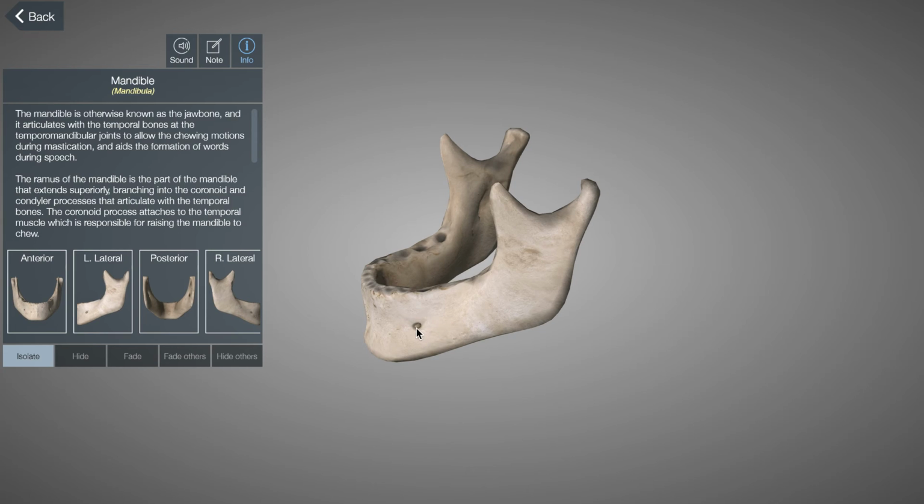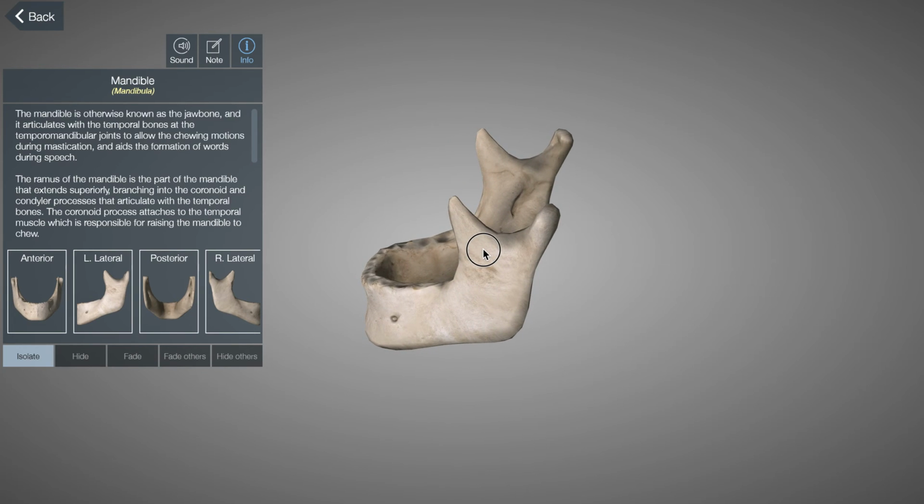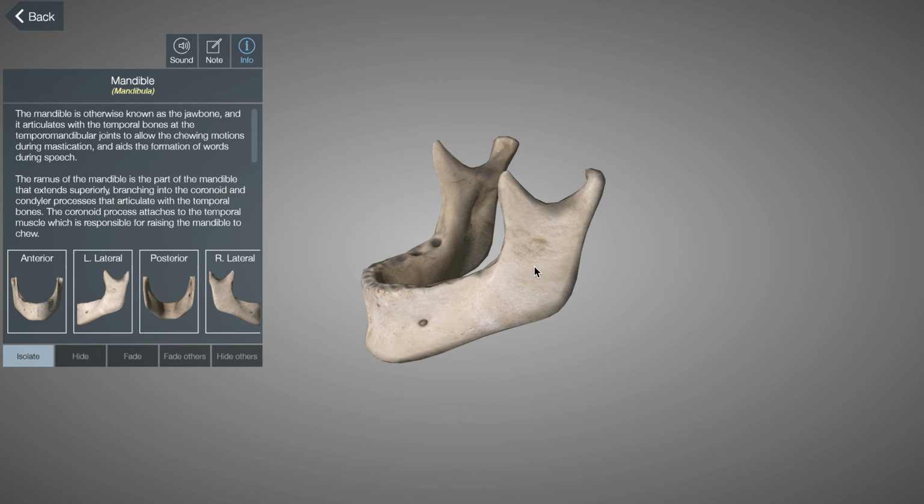So this right over here is a hole, so we call that a foramen. That's the mental foramen. And then we also have other features of it as well. Okay, yeah. So other features of the mandible, this right over here is considered the body.